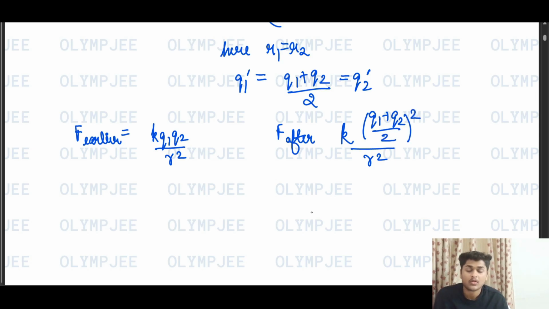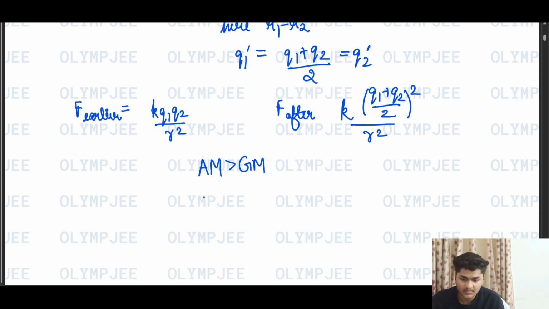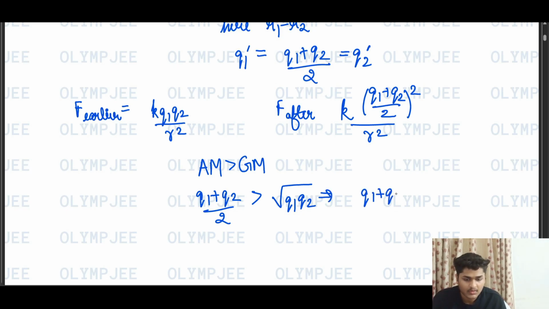Right. So we can prove that we know that AM is always greater than GM. So that means that (Q1 plus Q2) by 2 will be greater than root of Q1 Q2. So this implies that (Q1 plus Q2 by 2) whole square is greater than Q1 Q2.